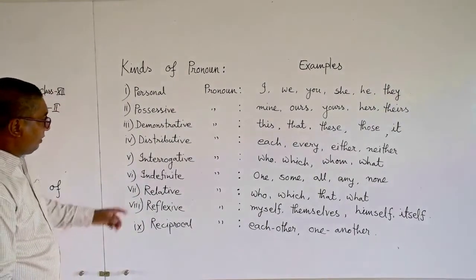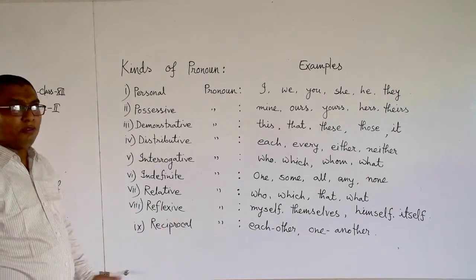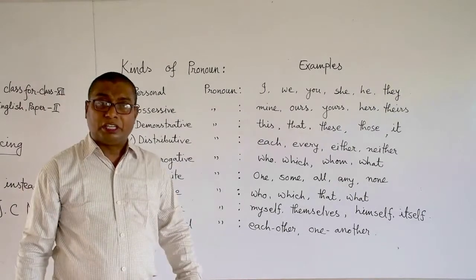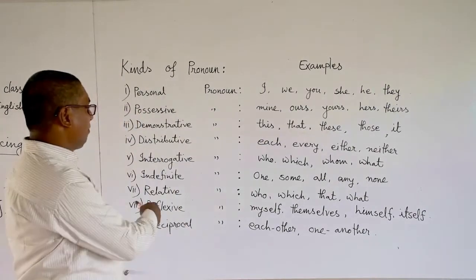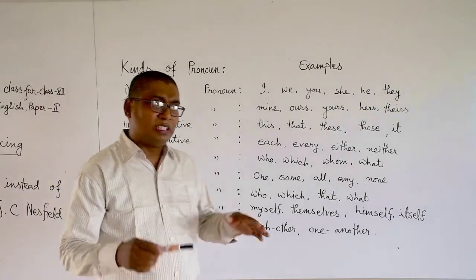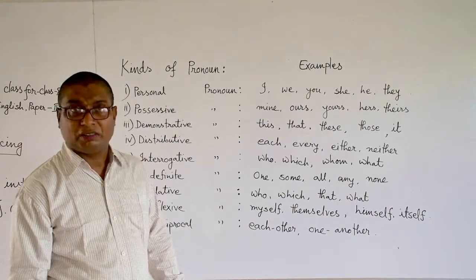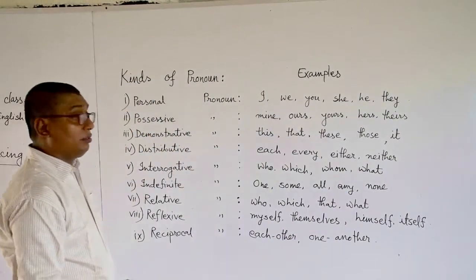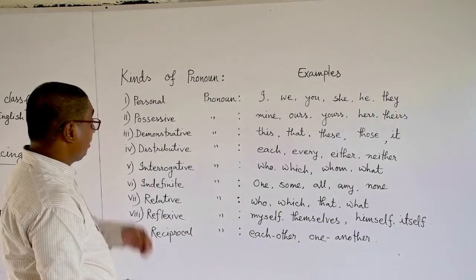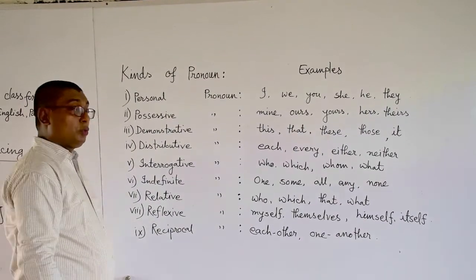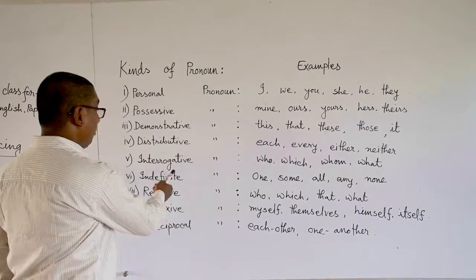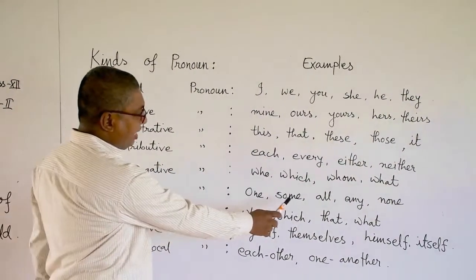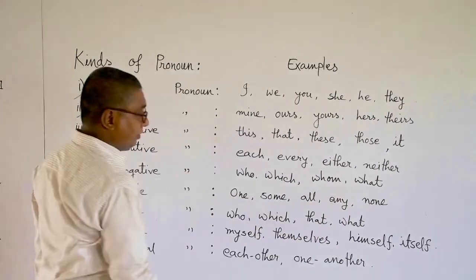Next, number 5, interrogative. It is very common. We have interrogative sentence, interrogative pronoun, interrogative adjective. Interrogative means that which is used for asking question: who, whom, what. There are WH questions. Then indefinite pronoun: one, some, all, any, none.